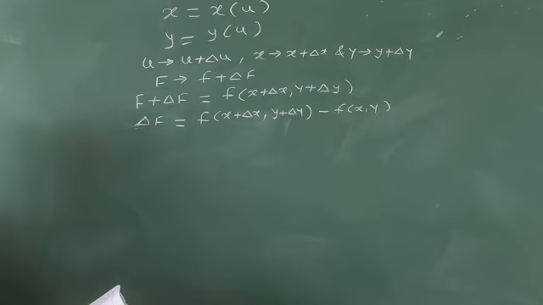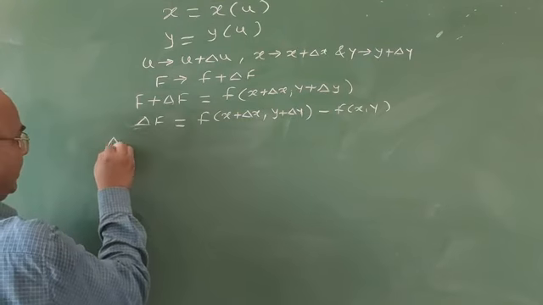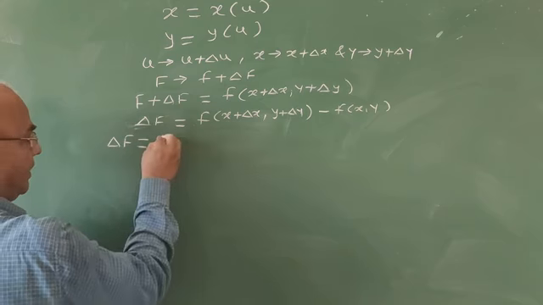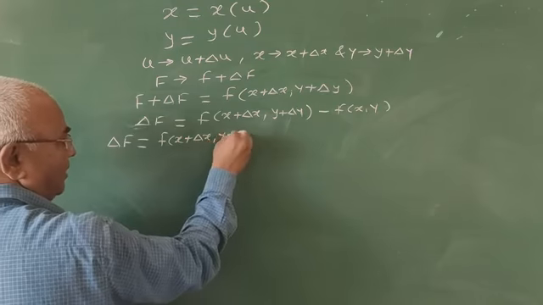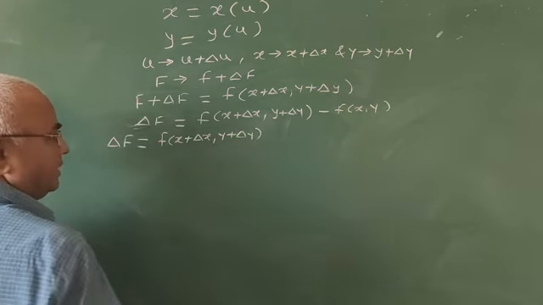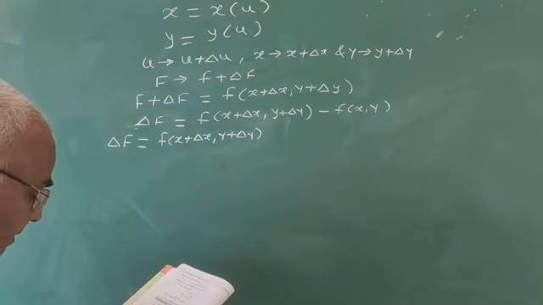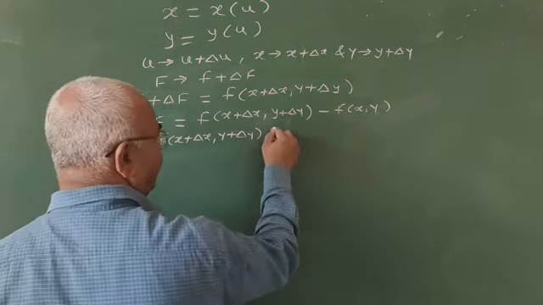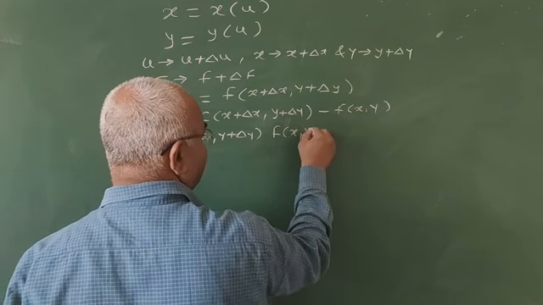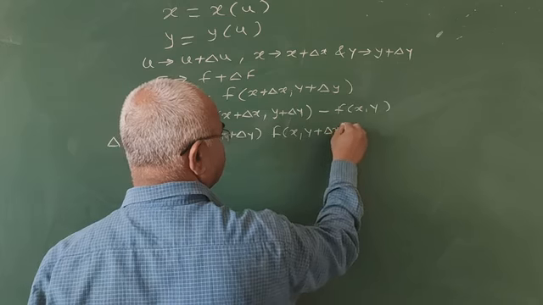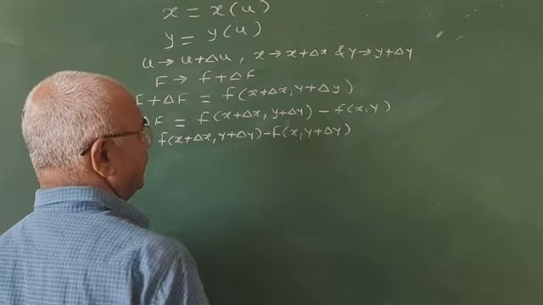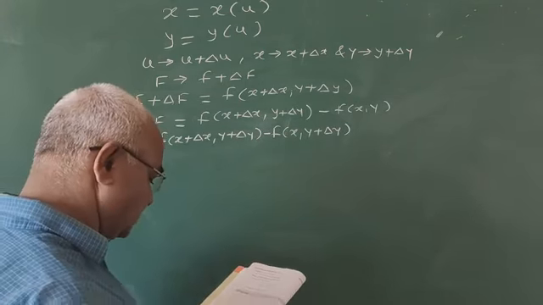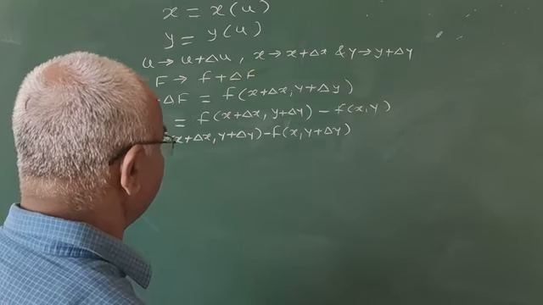Again, rearranging the terms, delta f is equal to f of x plus delta x, comma y plus delta y minus f of x, comma y plus delta y.